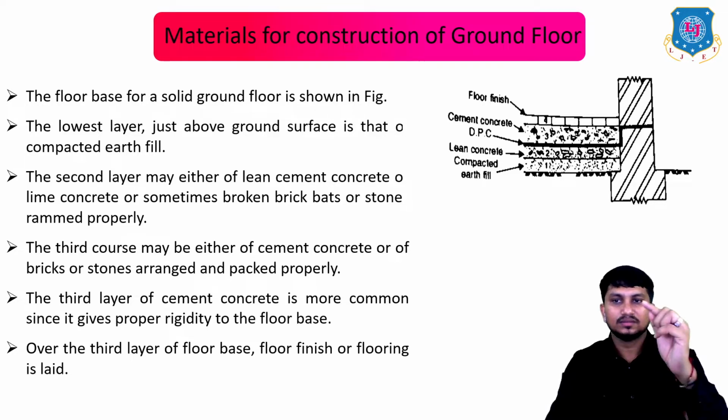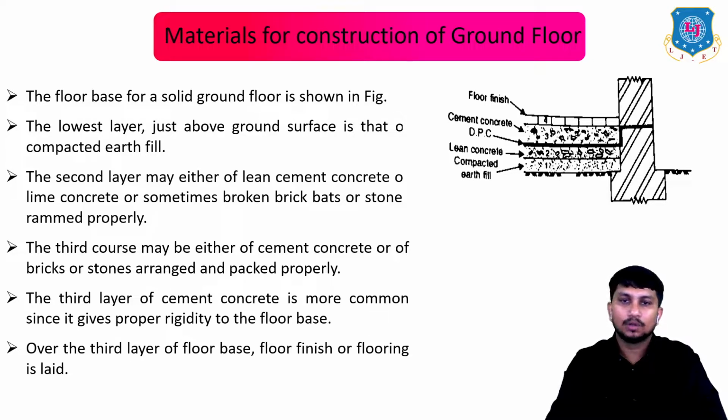The second layer may either of lean cement concrete or lime concrete, or sometimes broken brick beds or stone rammed properly. Okay, so this is the second layer. You can use lean concrete, then brick beds. You can use stone.